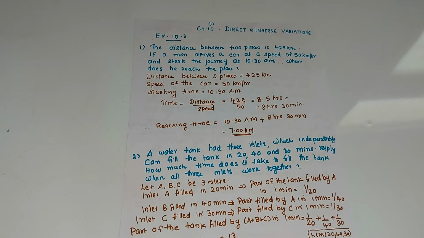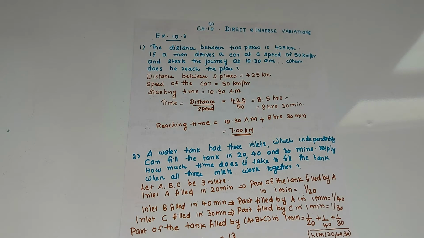Here distance is equal to 425 km and speed is given, it is 50 km per hour and starting time is 10:30 am. Time equal to distance by speed, this is equal to 425 divided by 50 equal to 8.5 hours.